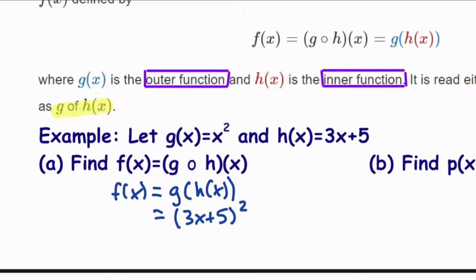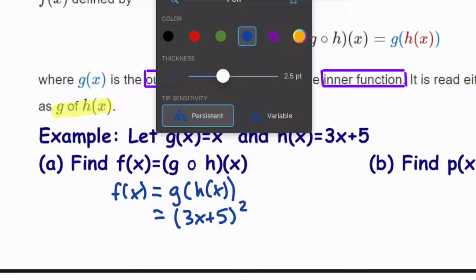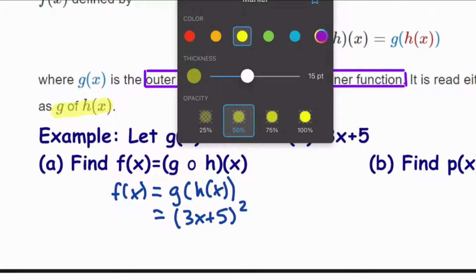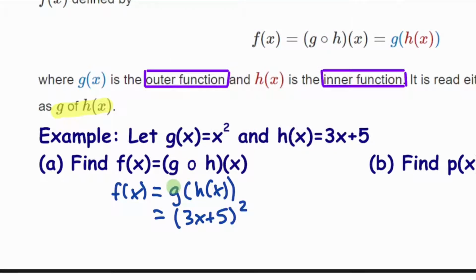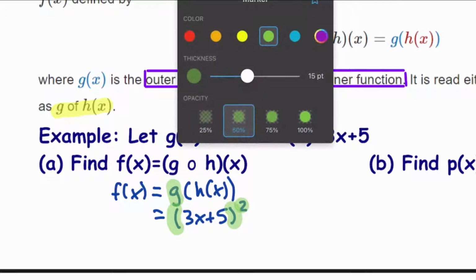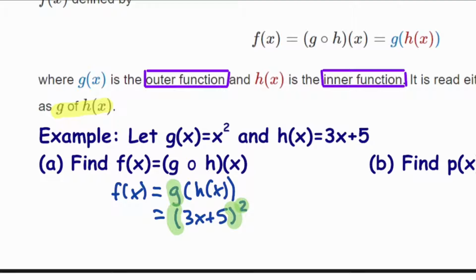And we can color code this. So my g function is going to be the green outer part, and my h function is going to be my orange inner part.